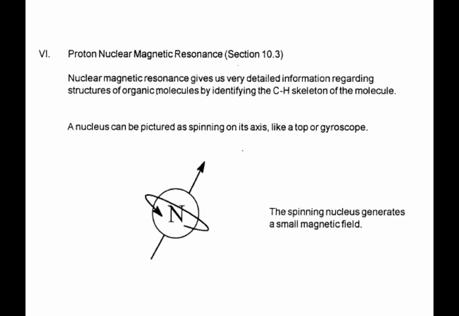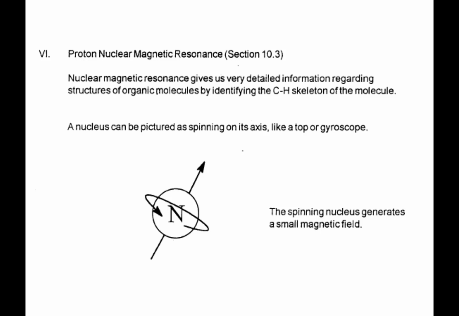Eventually, I'm going to look at carbon and hydrogen. So first we're going to start with the nucleus. The nucleus of any element can be thought of as a spinning gyroscope, like the Earth, and it's going to precess around a nuclear field.